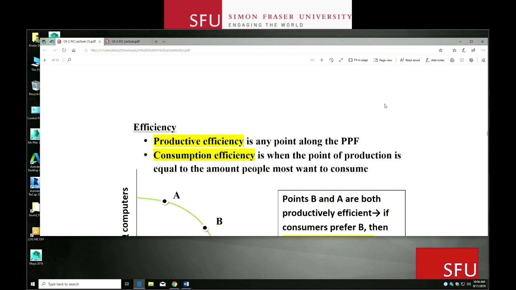So productive efficiency just means that you or the economy is producing at a point on the PPF, which means they're using all their resources to produce as much as possible.